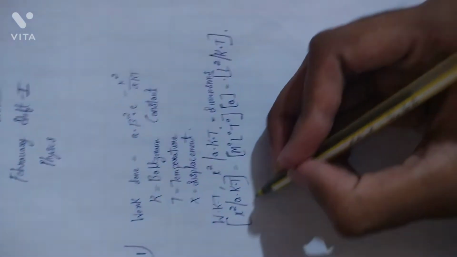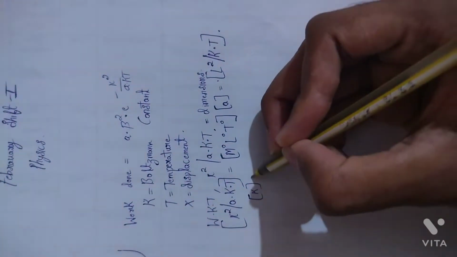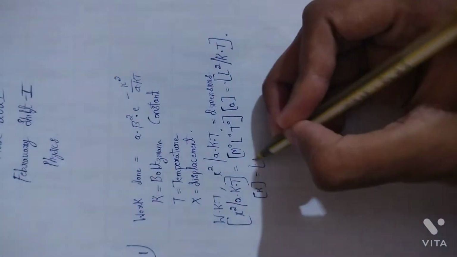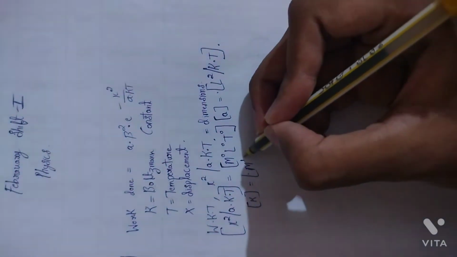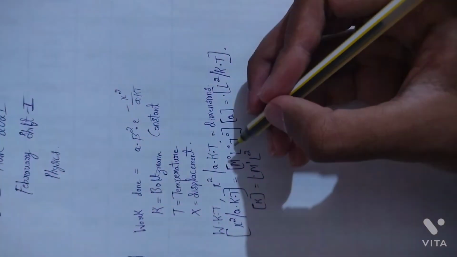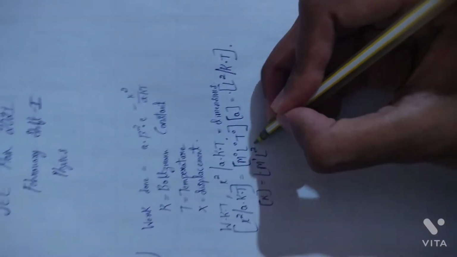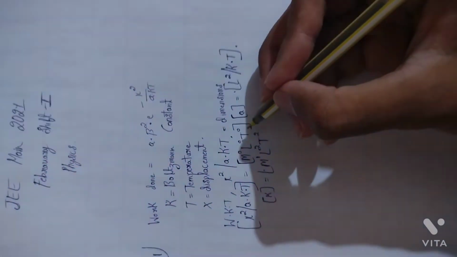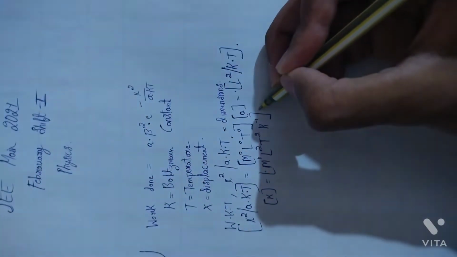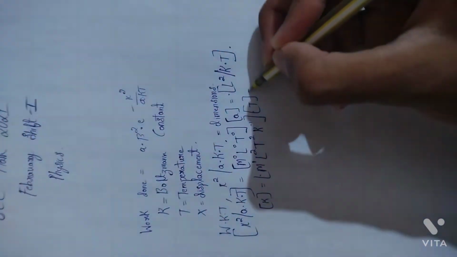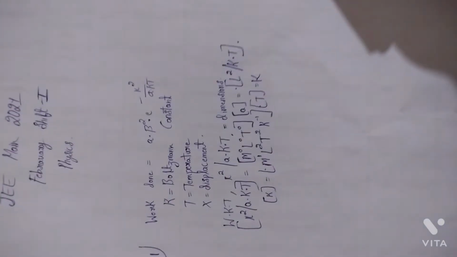Now if we take K here, K is equal to M1 L2 T minus 2, K inverse, and T is K, we will get here.